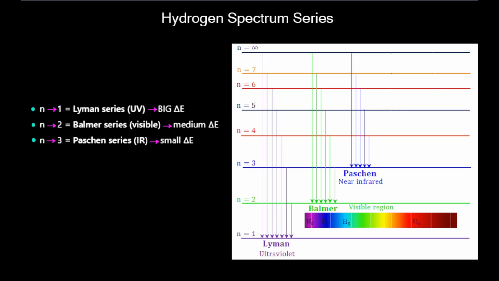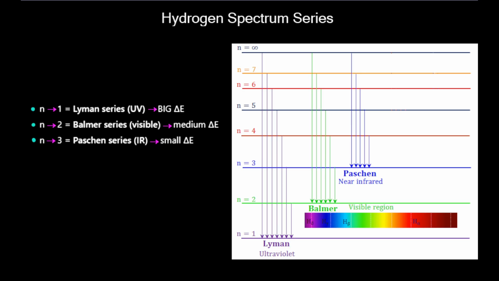If the electron falls from any of the higher energy levels down to n equals 3, the energy released is even smaller. These photons form the Paschen series, which shows up in the infrared region. The Lyman, the Balmer, and the Paschen series are important topics to know for the MCAT.